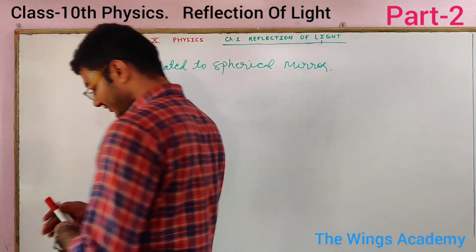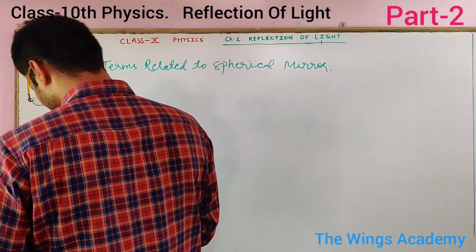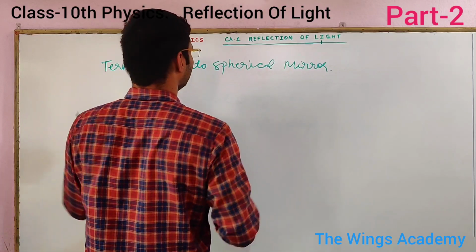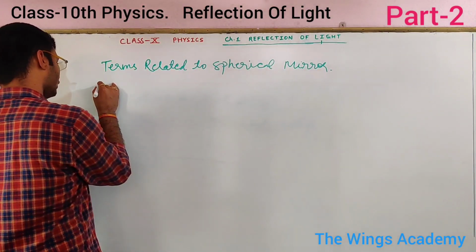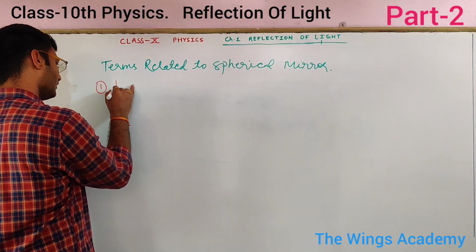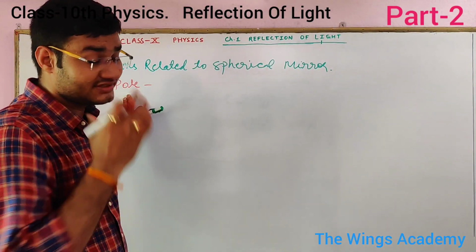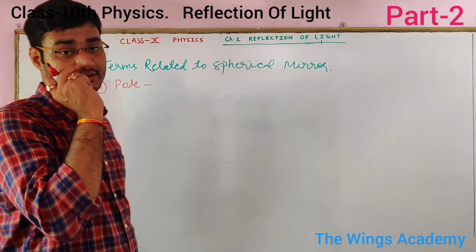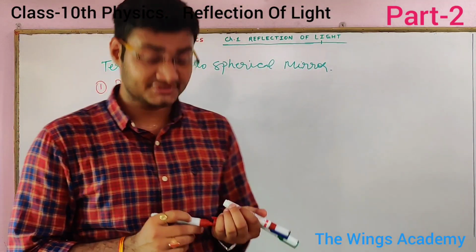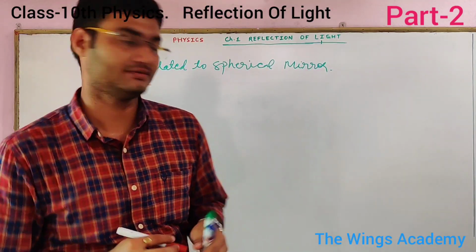The first important point related to a spherical mirror is its pole. Pole is defined as the central point of the surface of a spherical mirror.